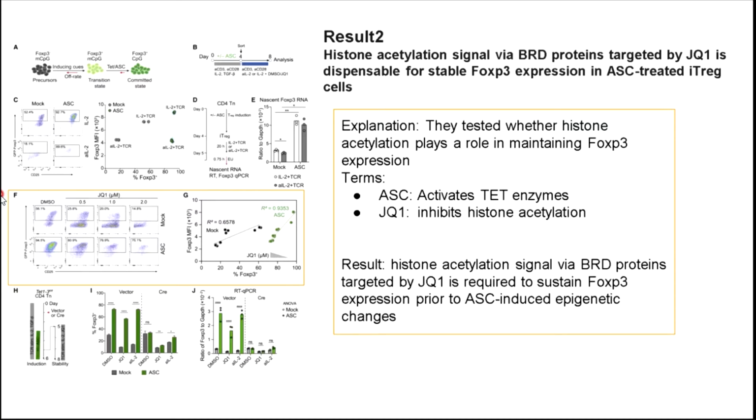However, Foxp3 expression was maintained in more than 70% of ASC-treated live iTreg cells. In figure G, JQ1 also decreased the expression. Therefore, histone acetylation signal via BRD proteins targeted by JQ1 is required to sustain Foxp3 expression prior to ASC-induced epigenetic changes.